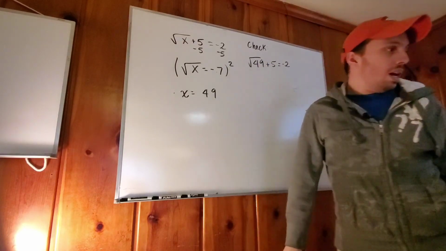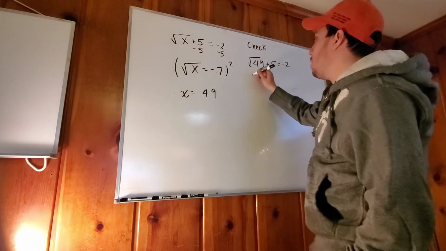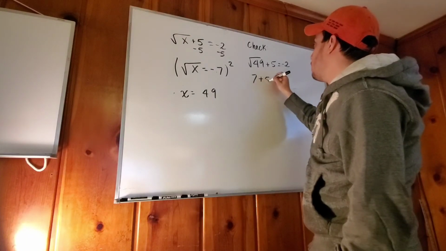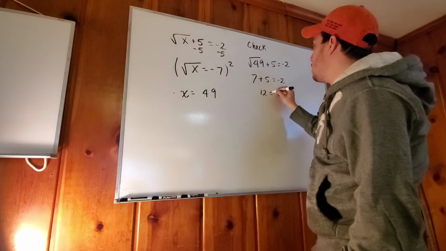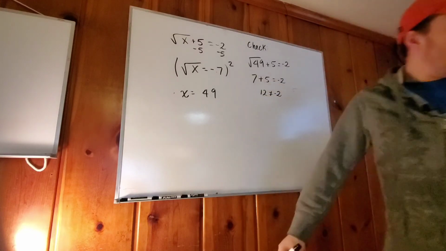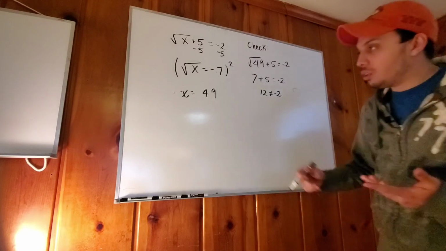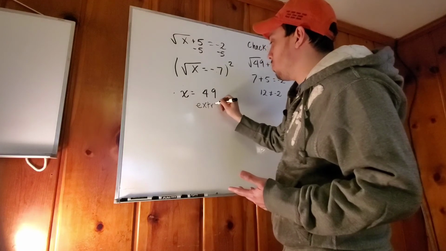Well, square root of 49 is 7. In here, we're not going to count the negative. It's just going to be 7 plus 5 equals negative 2. And so 12 is not negative 2. And so we're going to say that the solution, 49, is extraneous, so it has no solution.